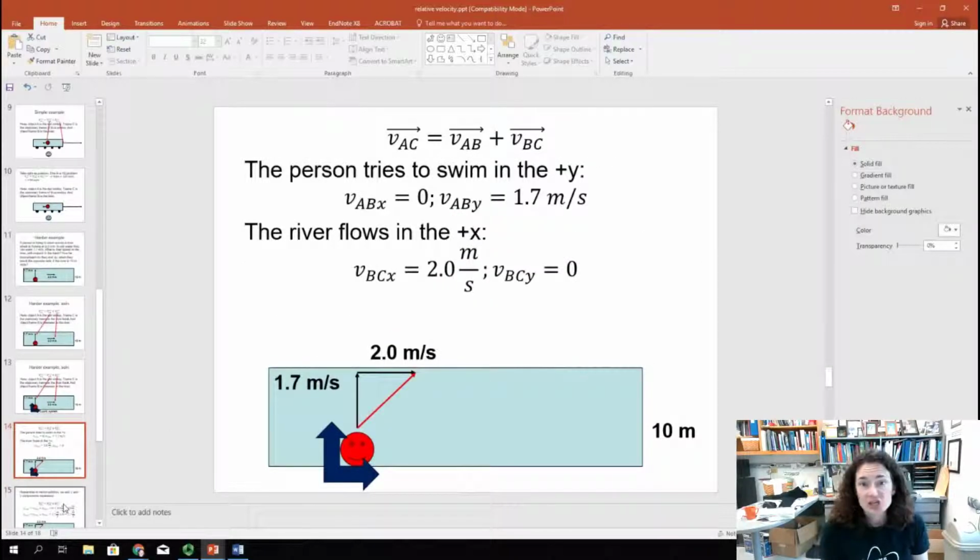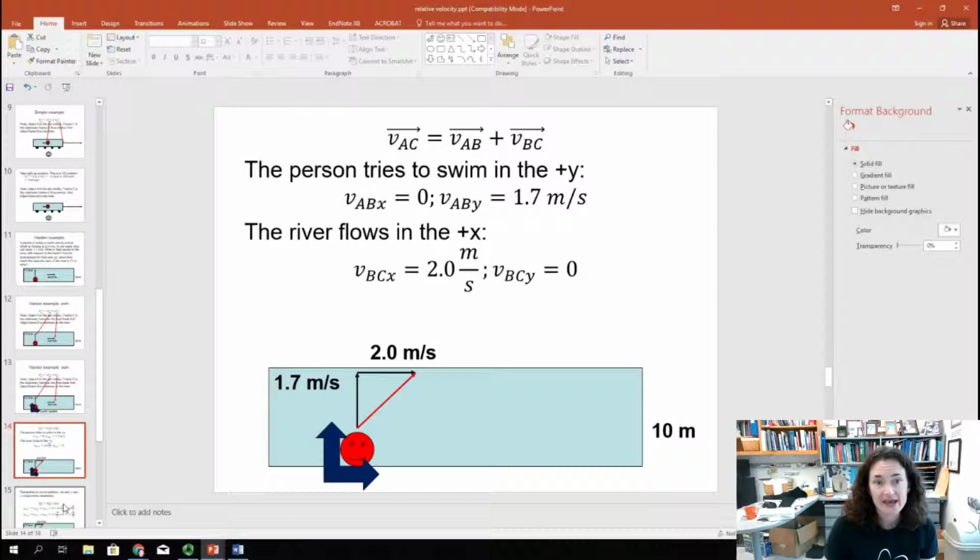Now, let's look at each one of these things in turn. Remember that in a two-dimensional problem, you have to take the x components and the y components of each of your vectors and resolve those components. Now, since these components in this case are directly aligned with the x and the y axes, that makes our job a little easier. The person is actually trying to swim in the plus y direction, okay?